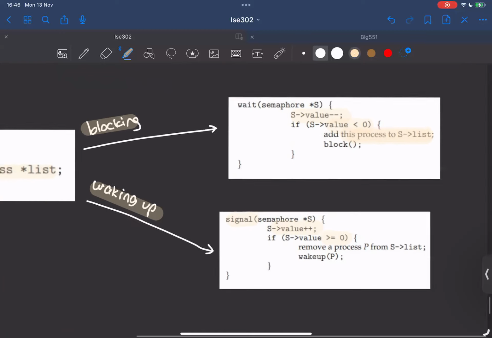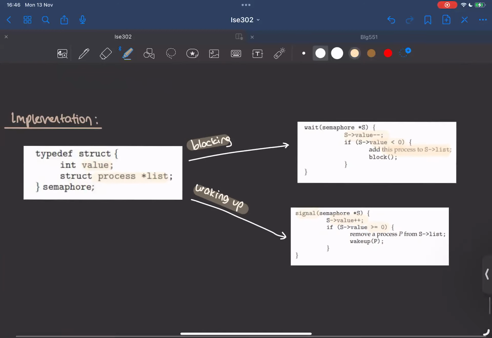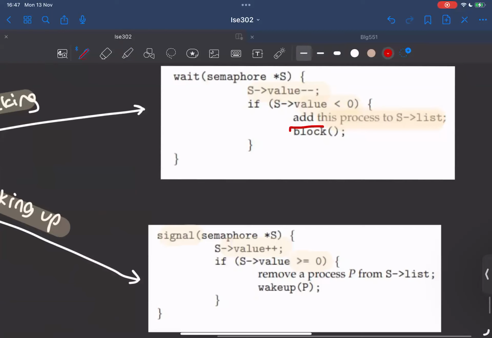In this modified approach, when a process executes wait and finds the semaphore non-positive, it blocks itself instead of busy waiting, okay? So the process is placed in a waiting queue associated with the semaphore and its state changes to waiting.